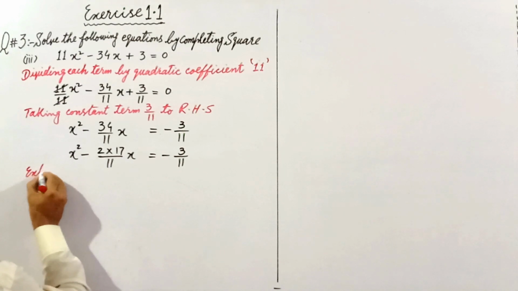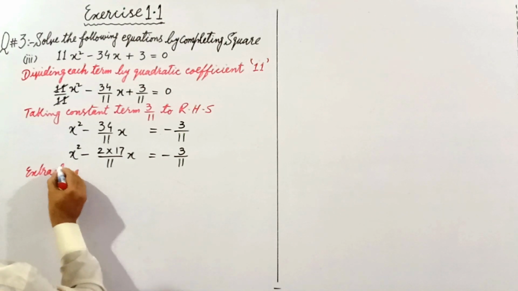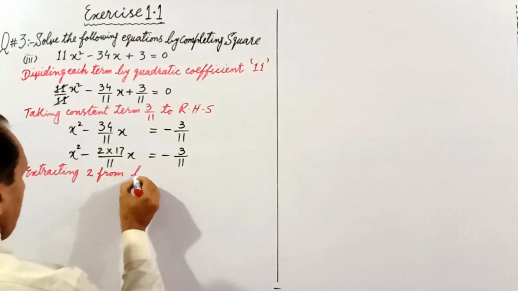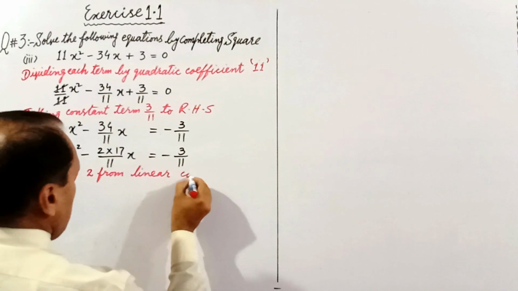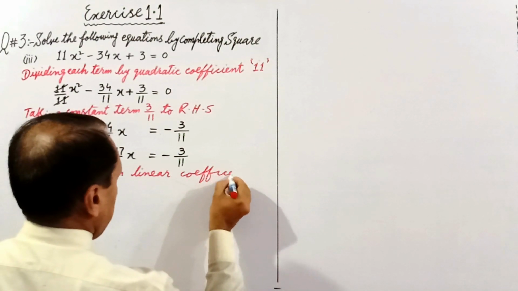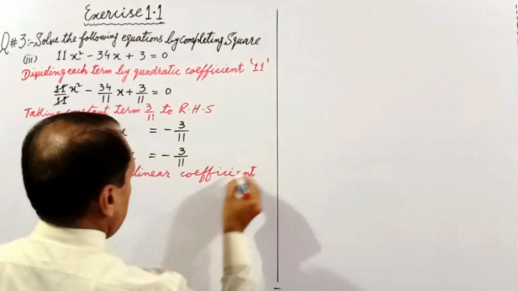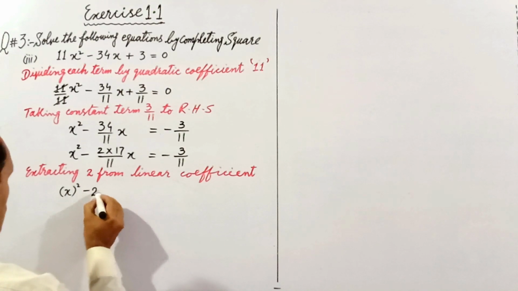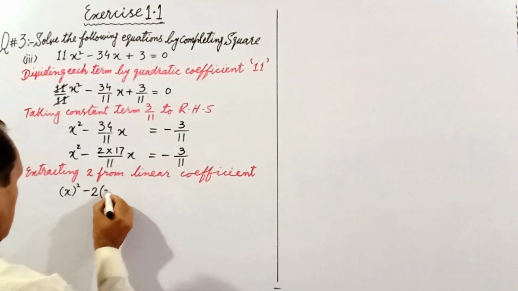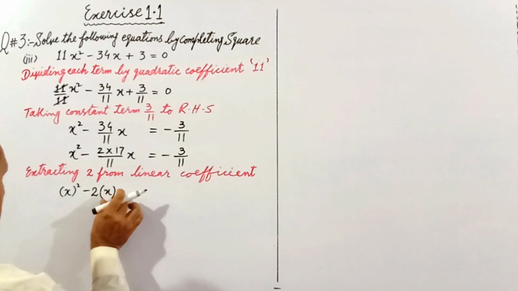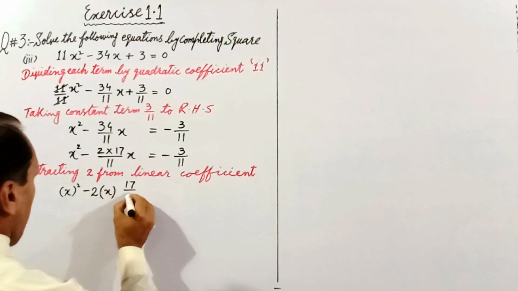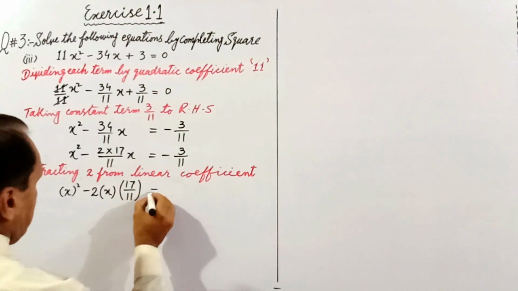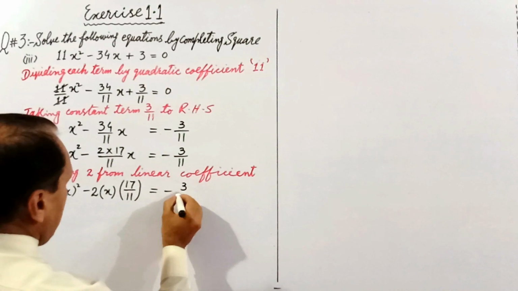Extracting 2 from linear coefficient, we have x square minus 2 is extracted and x is written as first term of the product. 17 over 11 is written as the second term of the two term product, minus 3 over 11.